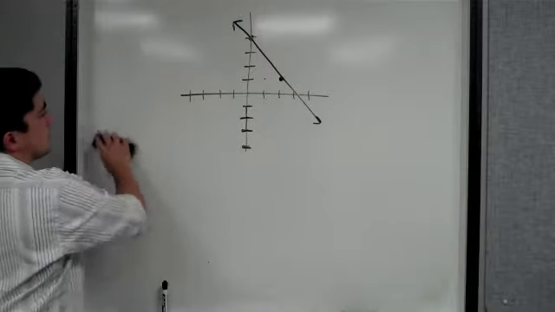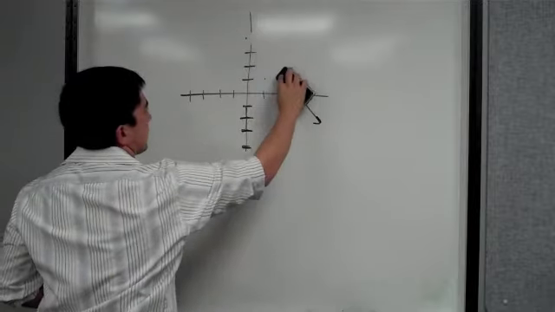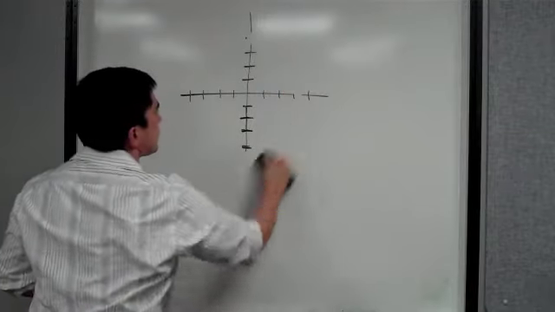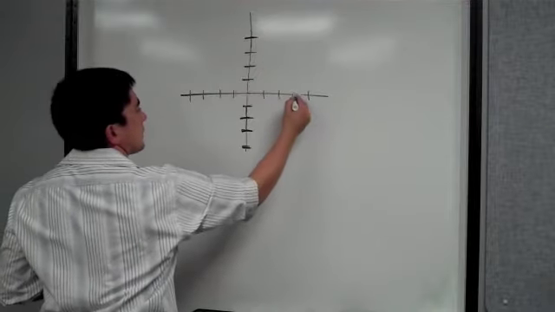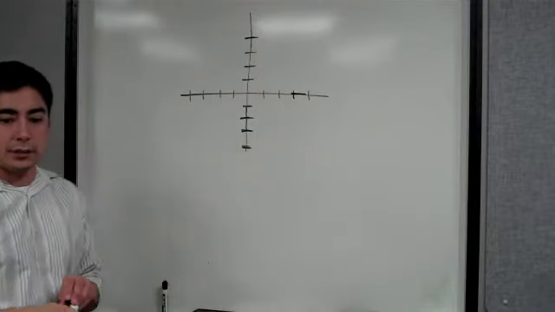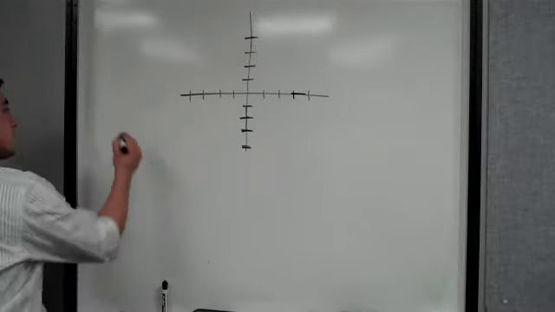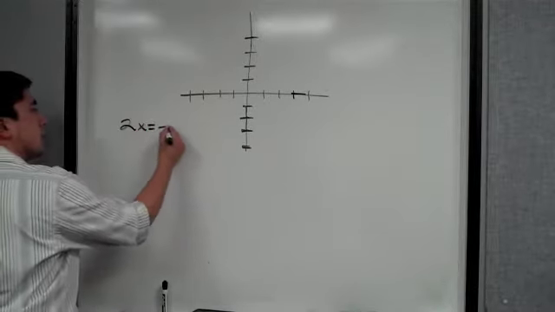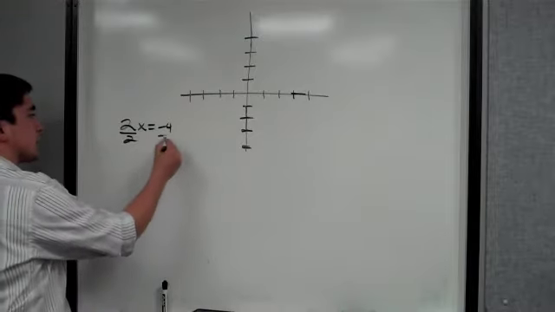Now there are two other problems you're going to see. We're still going to graph here. What happens if there's no y value? If you're just given 2x equals negative 4, let's get x by itself.